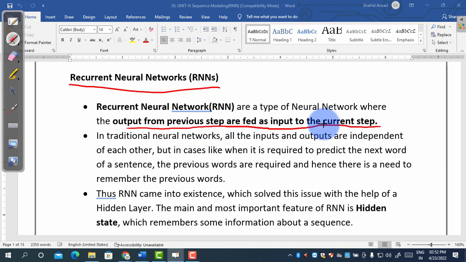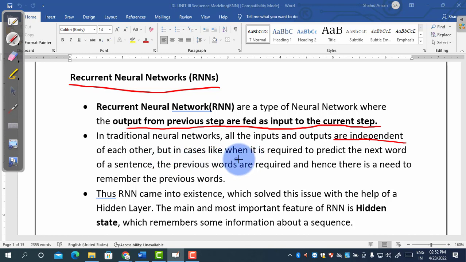So this is the basic definition of recurrent neural network. In traditional neural network, all the information flows in one direction and they are independent. The output and the prediction do not depend on any previous data.